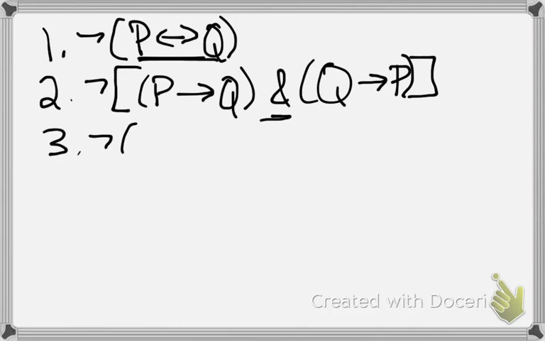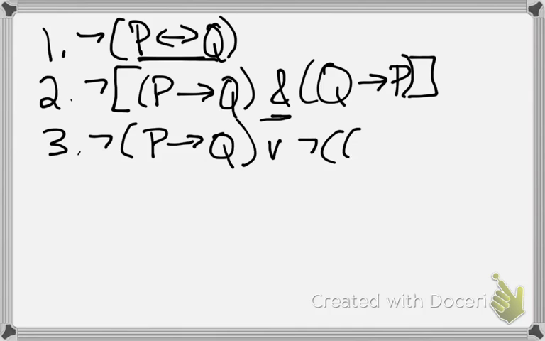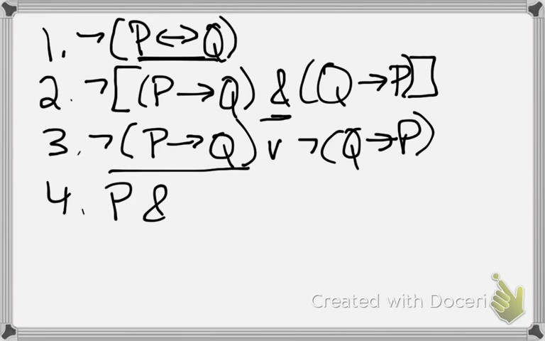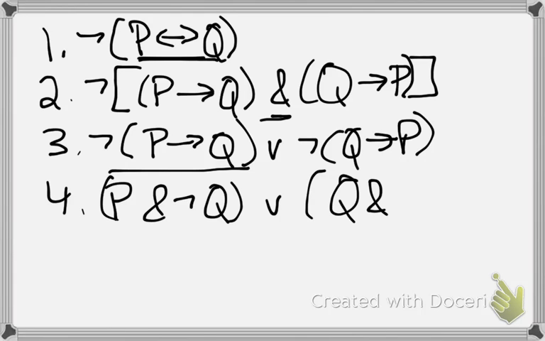We get not P arrow Q or not Q arrow P. And now we have negated conditionals. So we can perform negated conditional on each part. So we could get P and not Q, or Q and not P.